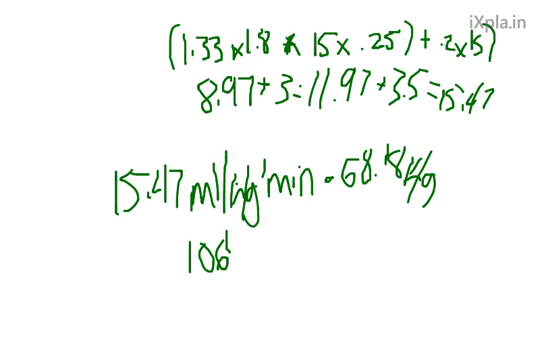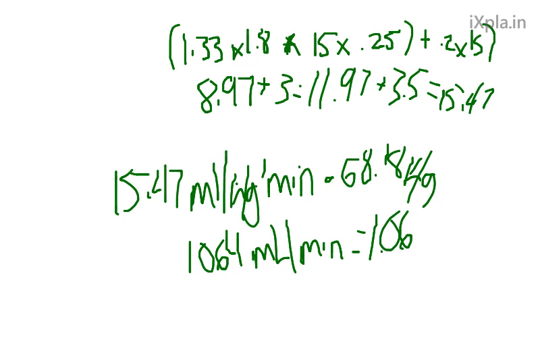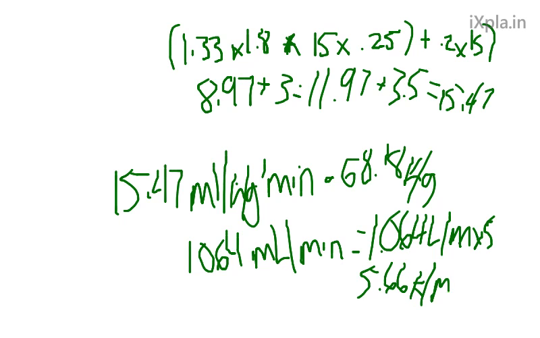So 1,064 milliliters per minute divided by 1,000 to get to liters per minute. To get to calories per minute, multiply by 5. So she is burning 5.66 calories per minute.